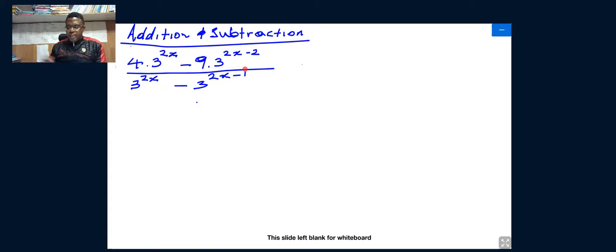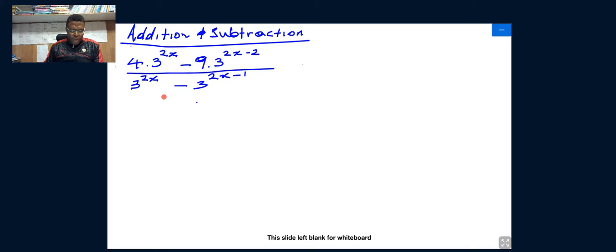Here we can see we've got 4 multiplied by 3, and here we've got 9 multiplied by 3. Below, we've got bases of 3. So we've got 4 bases of 3. I don't think we have got much of a problem. It's pretty much simple.